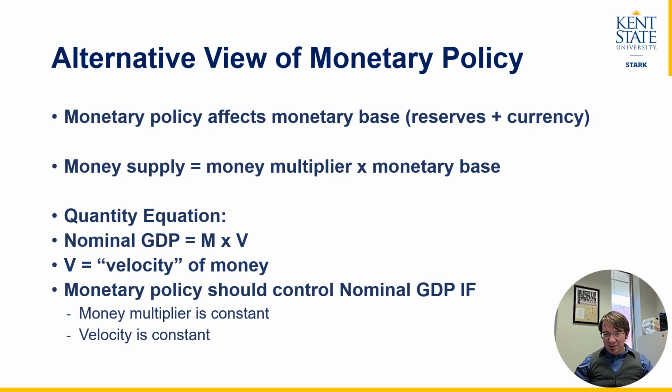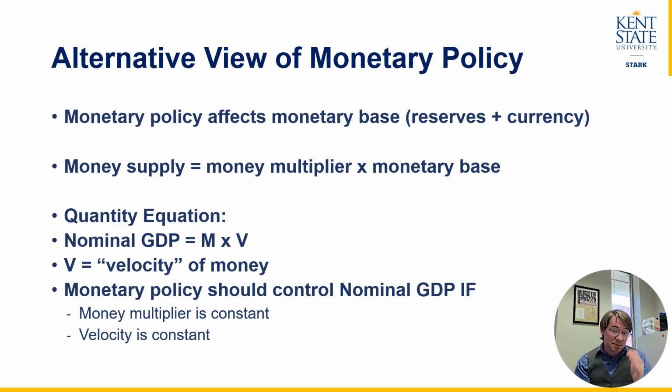Now, taking all this together, we can bring over the quantity equation. The quantity equation tells us that nominal GDP is equal to the money supply times velocity. Velocity is just the measure for how fast money moves through the economy. Technically speaking, it's how many times a single dollar gets spent in a year, or a quarter, depending on the time period you're looking at, but typically a year.